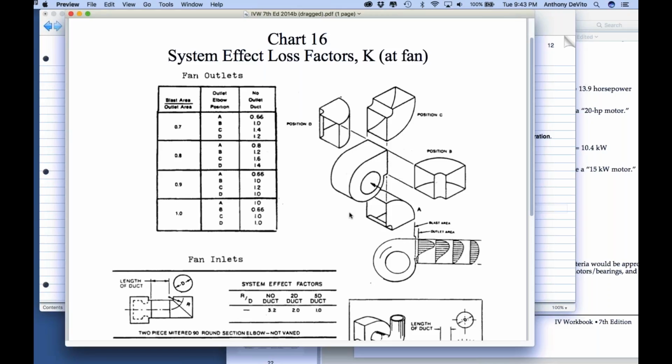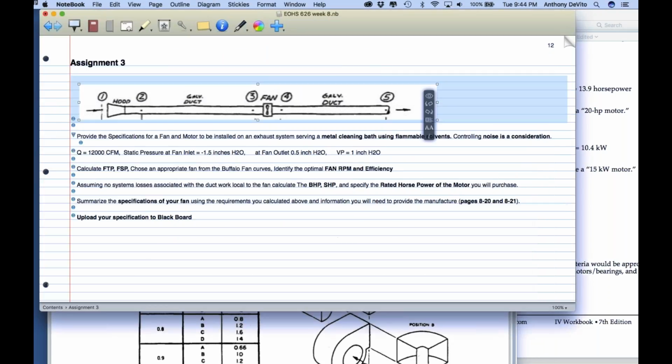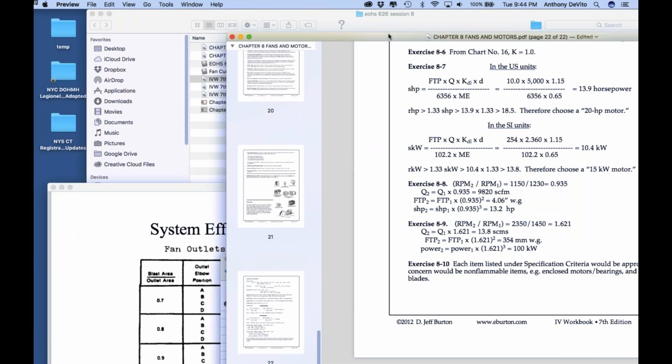There are formulas where you can take the increase in RPM that you put on a fan and convert it into the change in static pressure, the volume of air that it'll deliver, and the horsepower that you need. So you can actually adjust for this. That's the nice thing about having pulleys or gears: you can make some changes if you need to. Let me just show you what they look like.